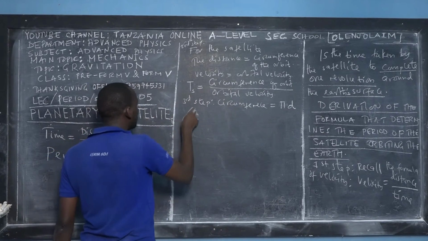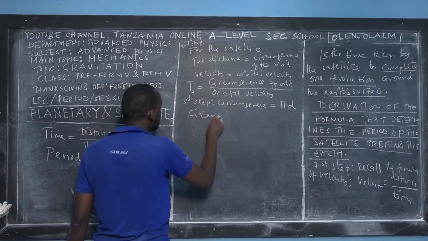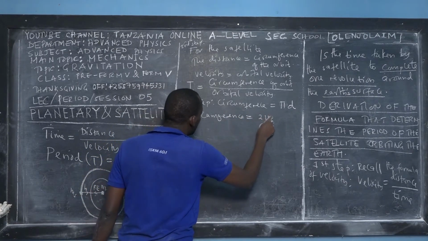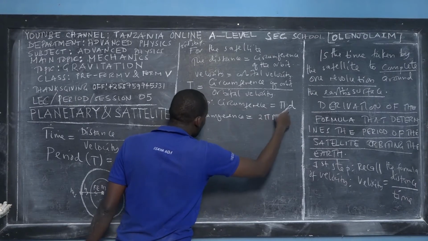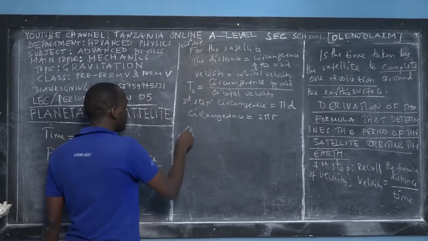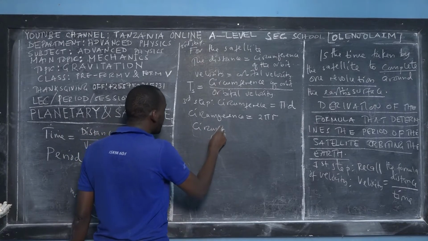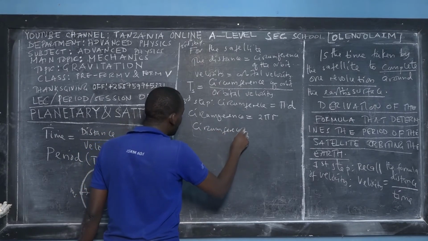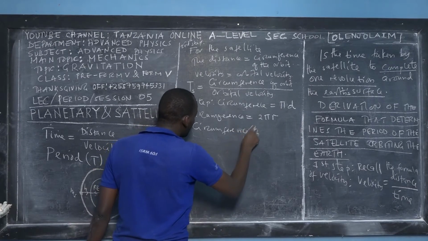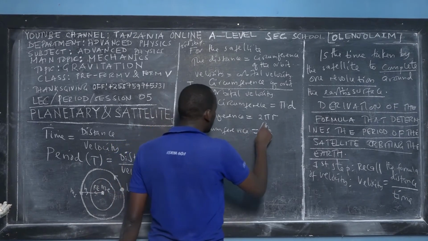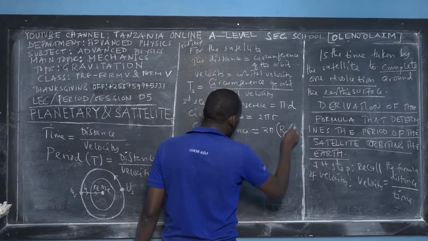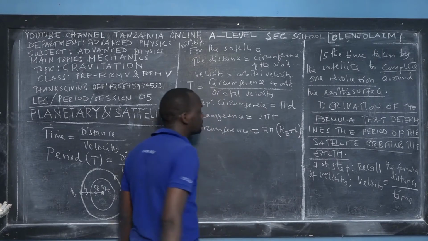But in case we know the radius, we say this is 2 pi r, because the diameter is twice the radius of the circle. So if you consider this figure, the circumference is equal to twice pi times the radius of the Earth plus the height.